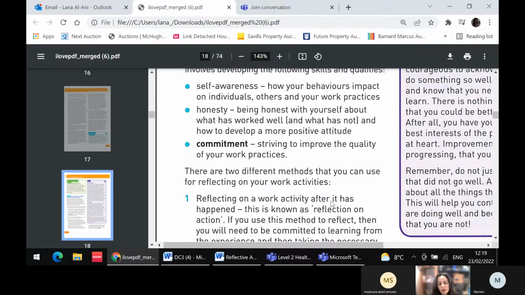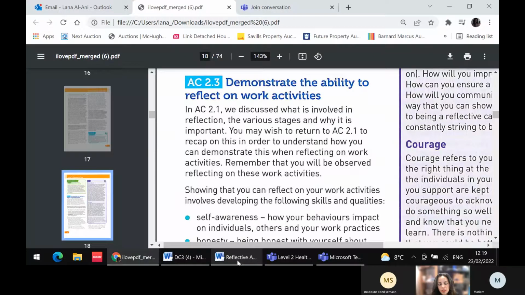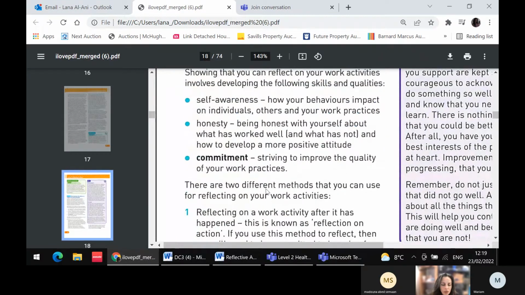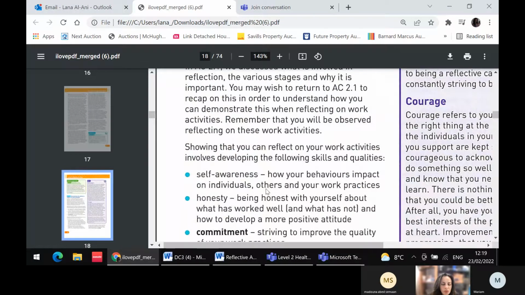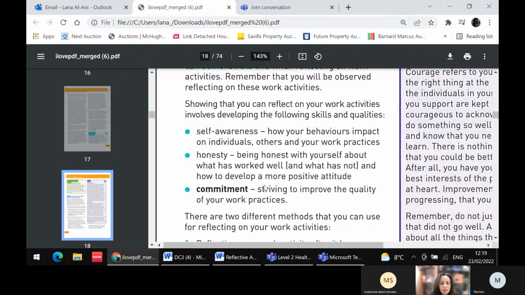So for me, I just say about myself, and when you talk about yourself, just say I always try to step back and think about my own work, how I did it, whether I did it correctly or in a wrong way, and the outcome of my work. So I reflect on my activities. That's because this will give me self-awareness about how my behavior has impacted my own work.